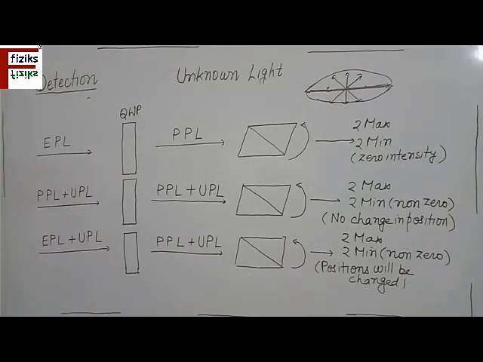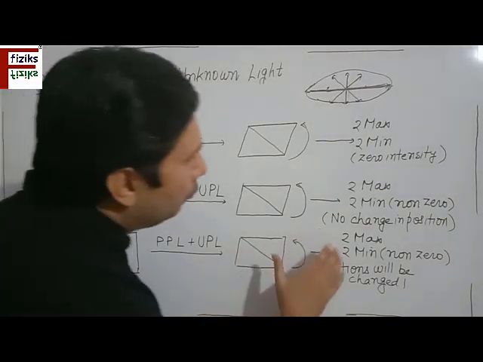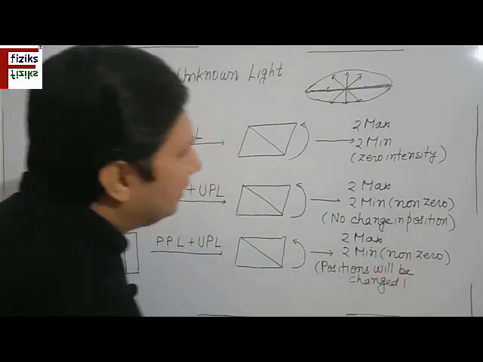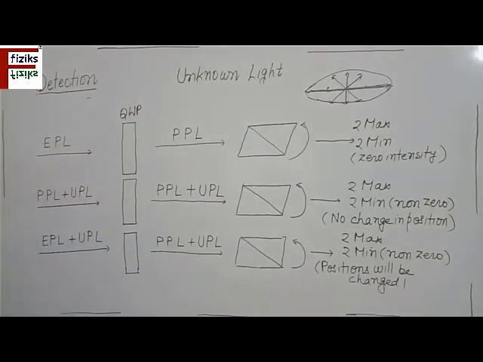But if on the emergent side we get two maxima and two minima with non-zero intensity, and their positions are changed from those obtained initially, then we will say that the incident light is EPL plus UPL. This is a mixture of EPL plus UPL.